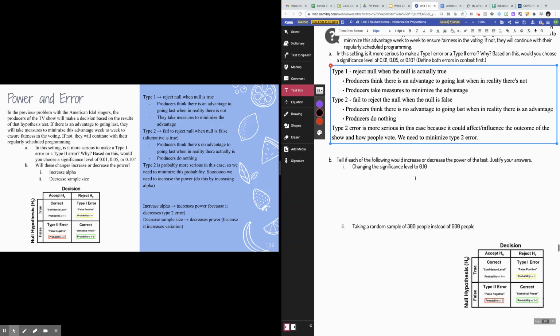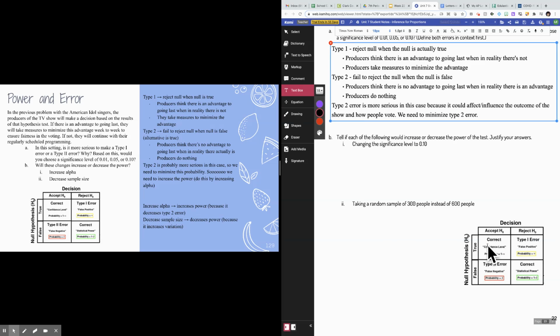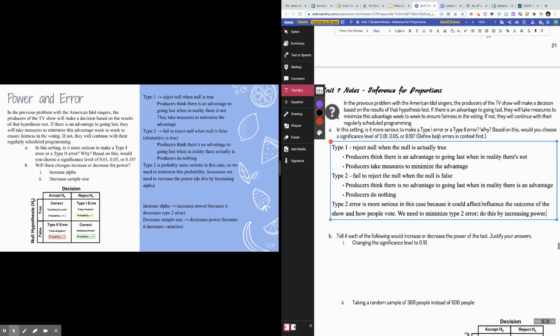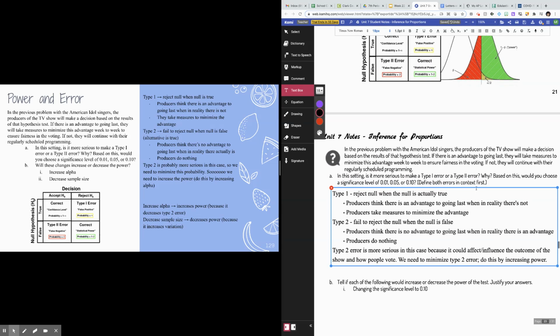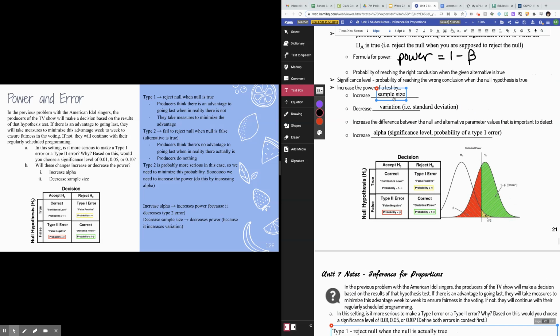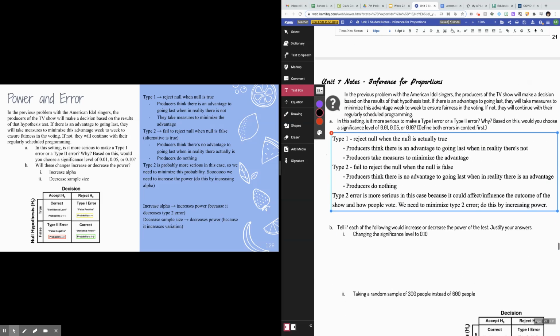So going down to our little 2x2 chart here, if I want to minimize type 2 error, I need to increase my power, okay? Right? Do this by increasing power, right? So I need to go to my ways that I could increase power, right? They've already done the experiment, right? So I can't really affect the sample size or the variation, but I can affect the significance level, right?